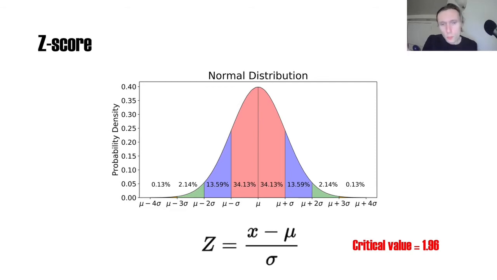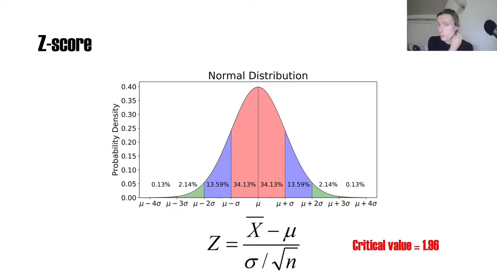So what would we do if we do this not with a single participant, but with an entire group? So for example, the sampling distribution, right? For example, we would want to know if the people who got the placebo score lower than the people who got an actual medication. Now in this case, your z-score looks exactly the same, except that the formula changes a little bit: the thing we divide by is not the standard deviation, but the standard error of the mean.